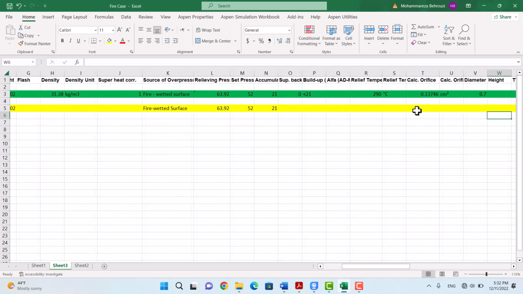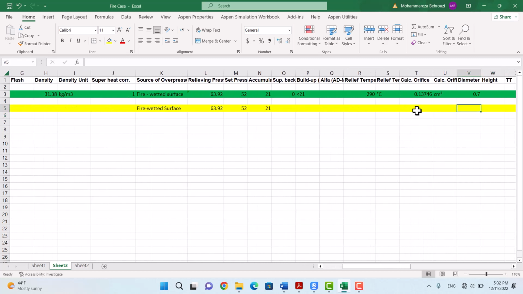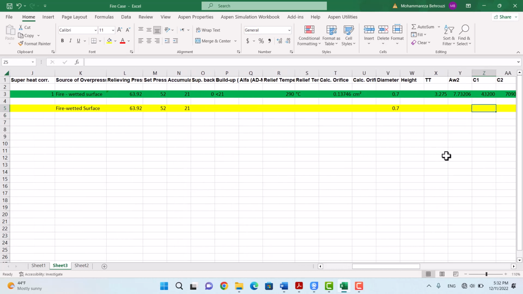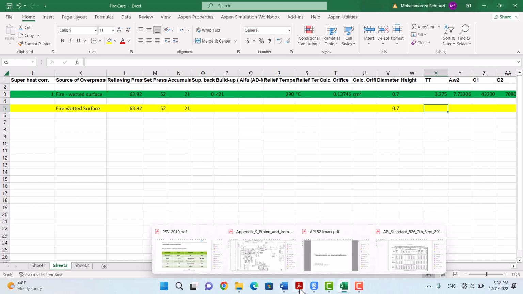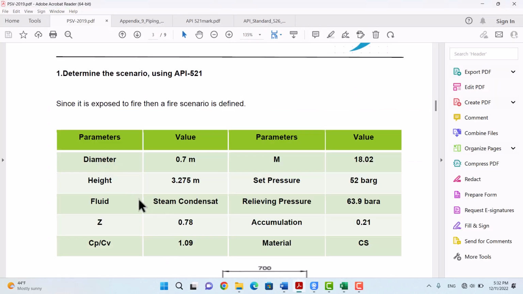And the thing that we need for our calculations here, we need to put information about diameter of the vessels. We know the diameter is this value, and as I said, the height of the exposure is about 3.27.